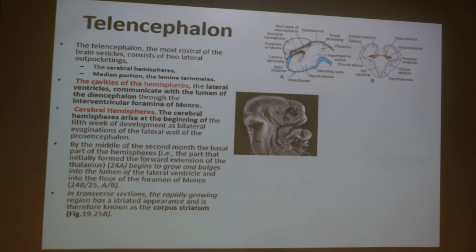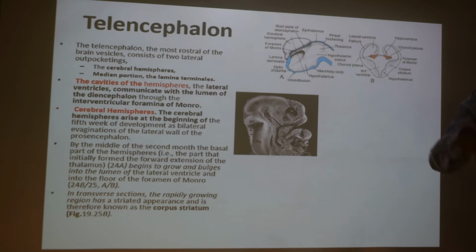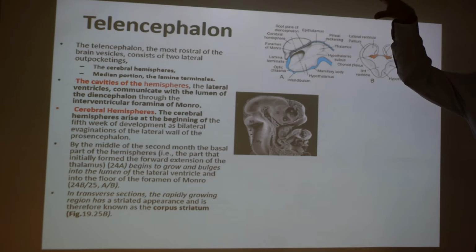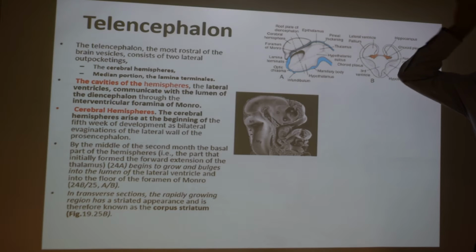Okay. Final thing, in terms of the development of the brain, is the formation of the telencephalon. And the telencephalon, you know that it's basically an outpouching from the prosencephalon vesicles. These are two vesicles which are going to be formed, and as they increase, they are going to form the cerebral hemisphere.